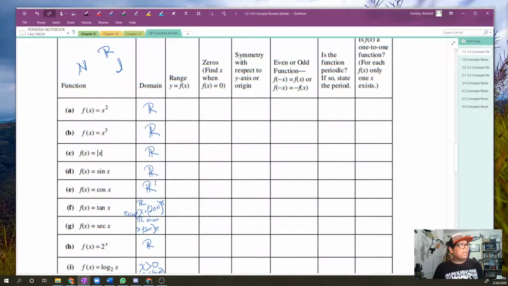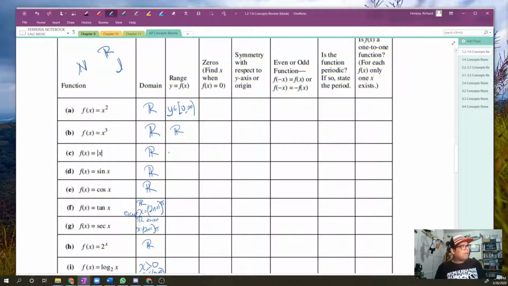All right, let's get to the ranges. For x squared, all the y coordinates have to be positive, so the y goes from 0 to infinity. For x cubed, I think y can be all real numbers, yeah, because it has that shape like that.